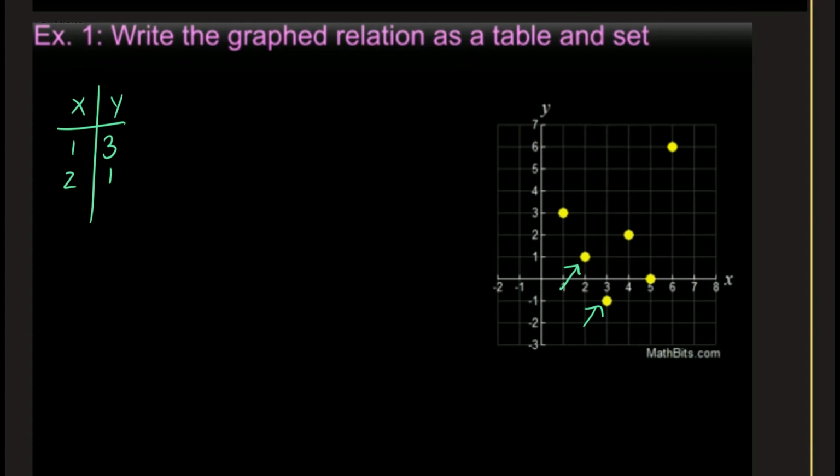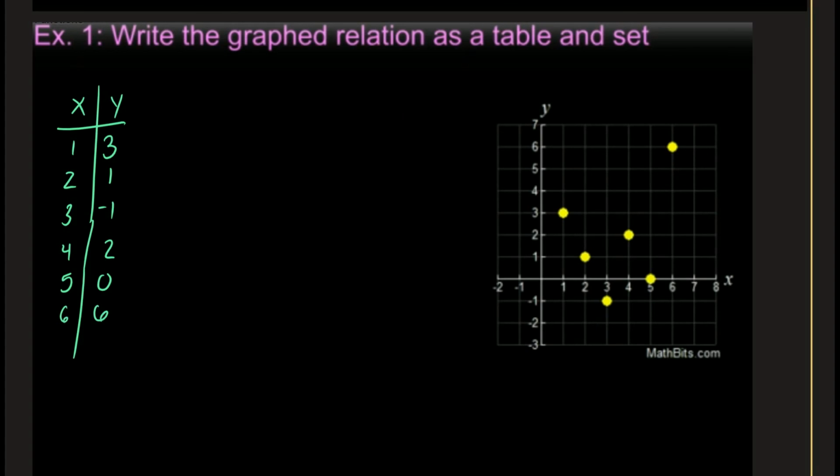We have 3, -1. Then we have 4, 2. And we have 5, 0. And lastly, way up here, we have 6, 6.